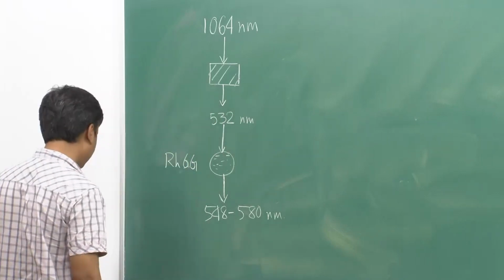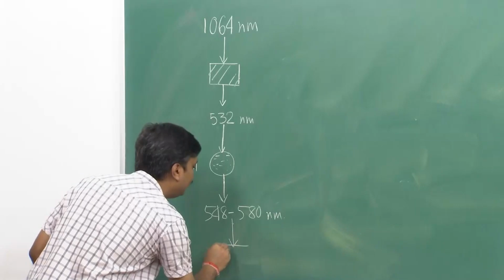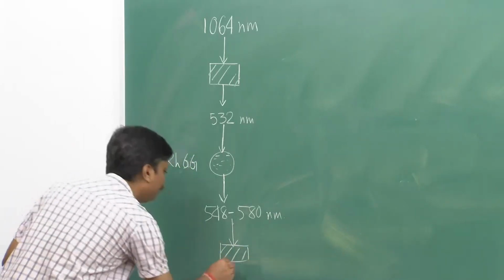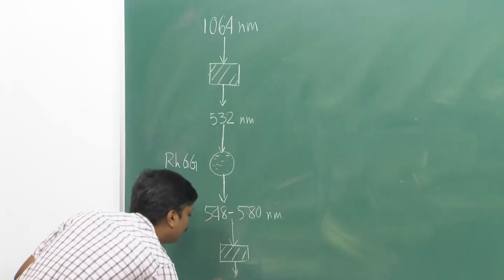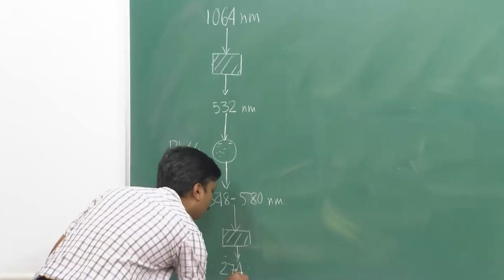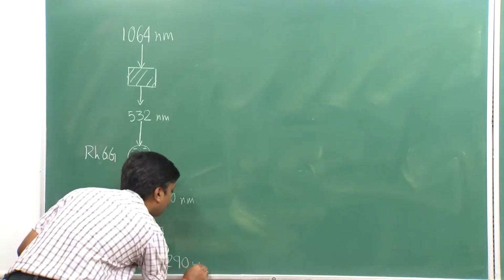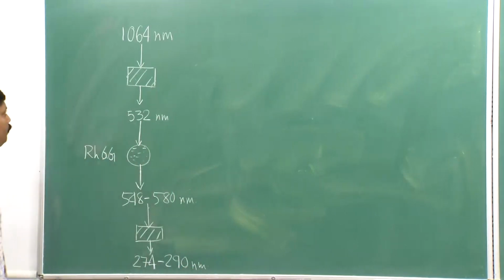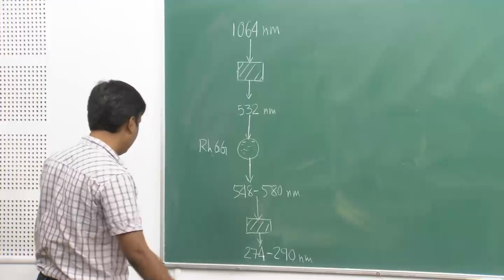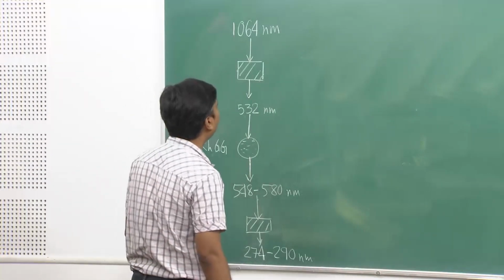Okay. And any wavelength from this range, if it is again passed through a nonlinear optical crystal, then it will give you another range, say 274 to 290 nanometer. So, you can see that various wavelengths you can generate. Now, this is not everything.